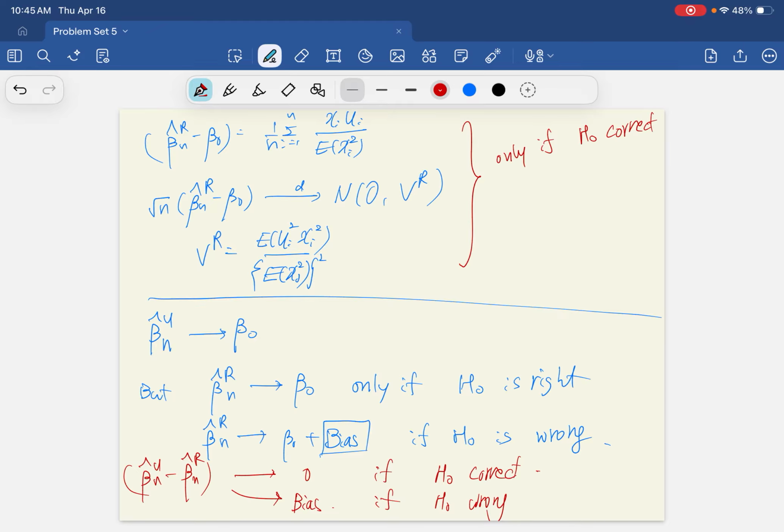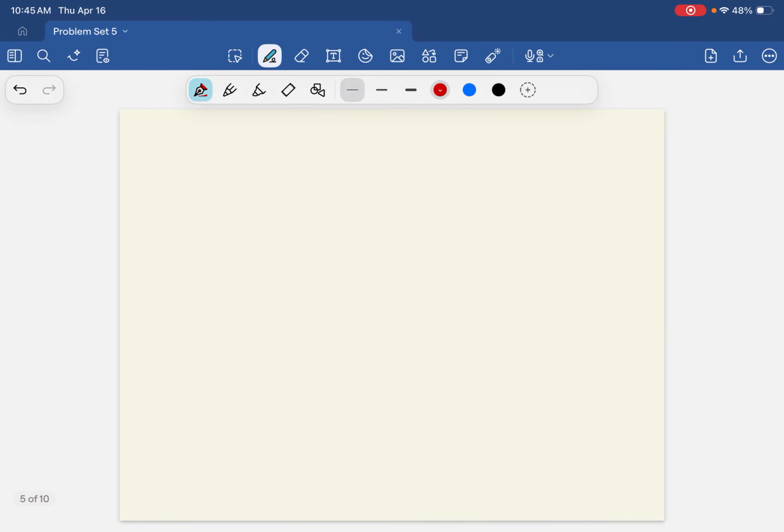This is the Hausman test. The Hausman test is based on this, and the idea is to reject H0 if the unrestricted estimator minus the restricted estimator is different from 0. They should be similar, but if those two estimators are different, then something is wrong with the null hypothesis.